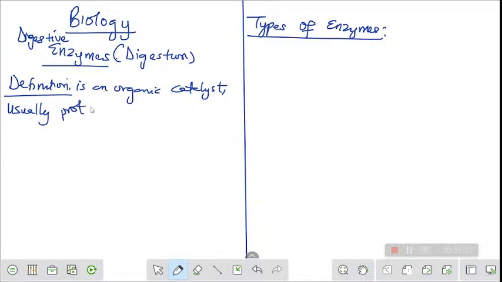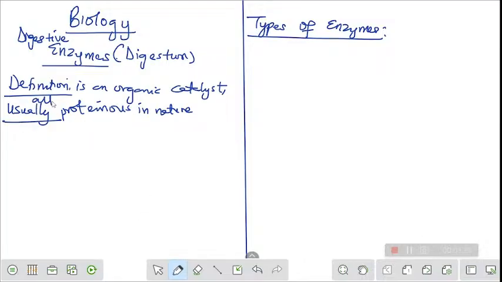So usually proteinaceous in nature. There is only one type of enzyme that is not a protein, and that is the RNA enzyme. All other enzymes are proteinaceous in nature. So that's why we use the word usually. We did not say all are proteinaceous in nature.